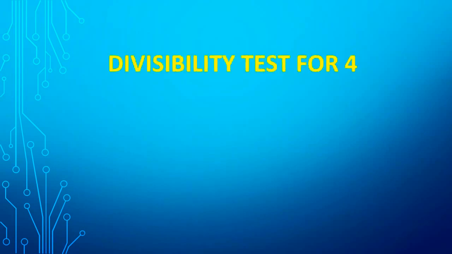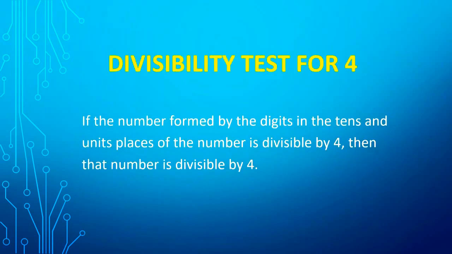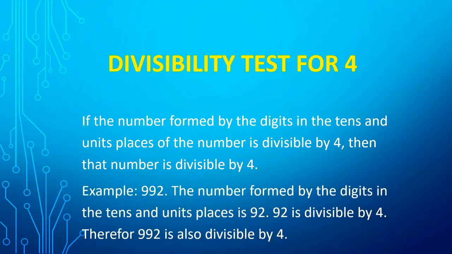Divisibility test for 4. If the number formed by the digits in the tens and units places of the number is divisible by 4, then that number is divisible by 4. For example, 992.